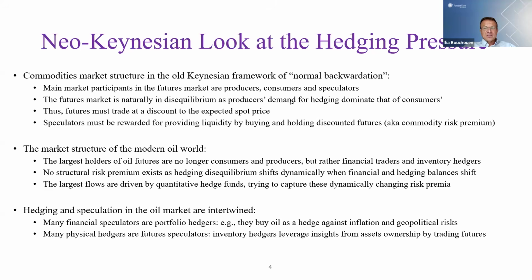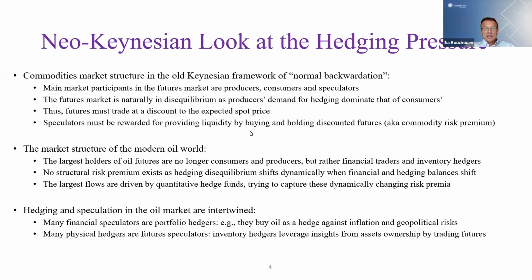As a result, we'll see that no structural risk premium really exists, as this hedging disequilibrium does shift more dynamically when financial flows and balances shift and hedging demand shifts. So a lot of quantitative hedge funds are now trying to capture this dynamically changing risk premia via certain quantitative strategies, which we're going to cover in a lot of detail in this series.